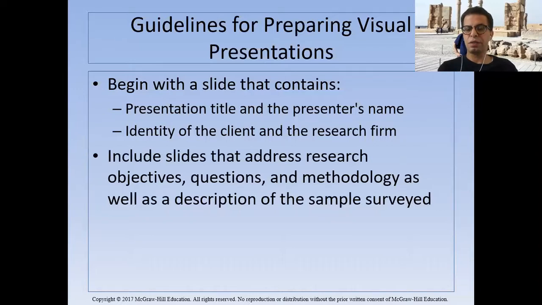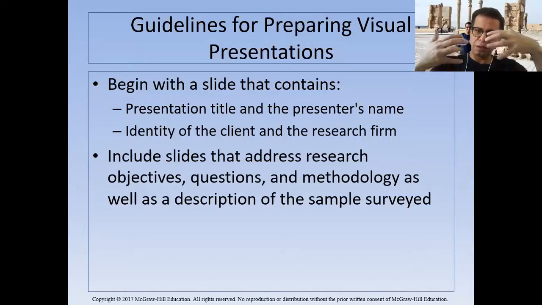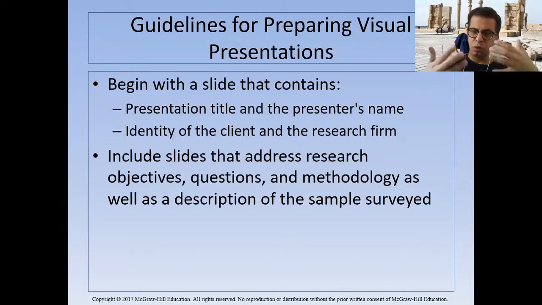Include the address if you have to. Include the research objective, question, methodology, and the description of the sample. Your process of setting up your credibility for coming up with your information.